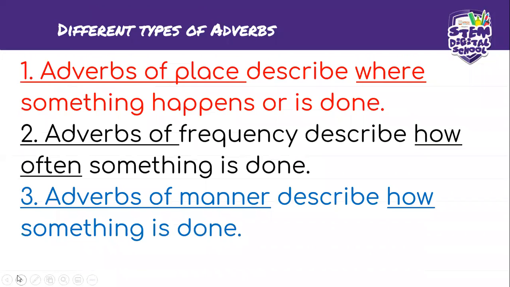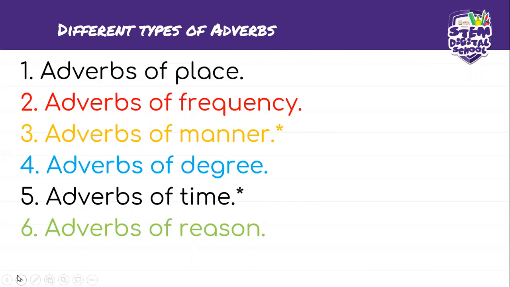Remember, we said that there are 6 types of adverbs. 1, the adverbs of place, which show us where something happens. 2, the adverbs of frequency, which tell us how often something happens. 3, the adverbs of manner, which tell us how something happens. 4, the adverbs of degree, which tell us the extent to which something happens. Number 5, the adverbs of time, which tell us about when or how long something happens. And then you have the adverbs of reason, which tell us why something happens.